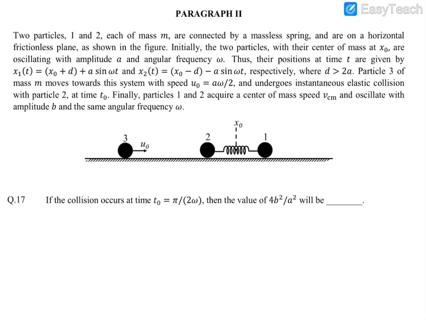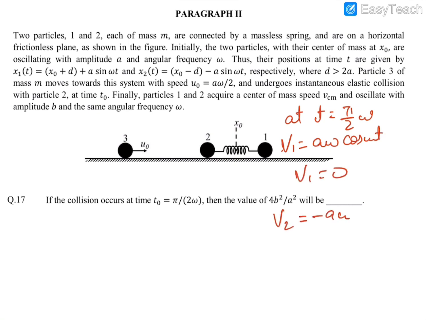First of all, we know that at t equal to pi by 2 omega, v1 was a omega cos omega t, so v1 is 0, and v2 is minus a omega cos omega t, so v2 is also 0, which means that they are at their extreme positions and their amplitude is a. And let us find the velocity of center of mass at this instant after collision.